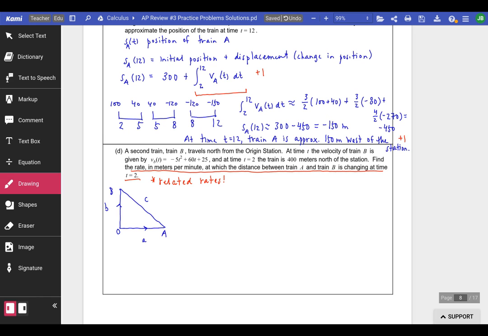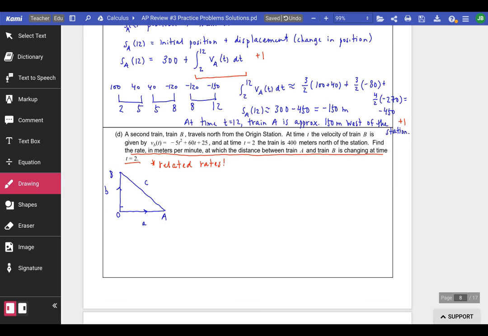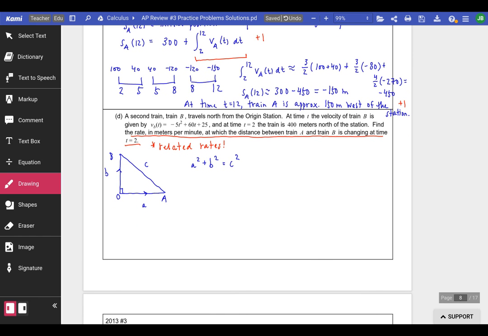So the first thing I need, nothing is constant here because both of those trains are in motion. So I need a formula that's going to relate A, B, and C. And since this is a right triangle here, we have A squared plus B squared equals C squared. So now I need to differentiate this with respect to time.